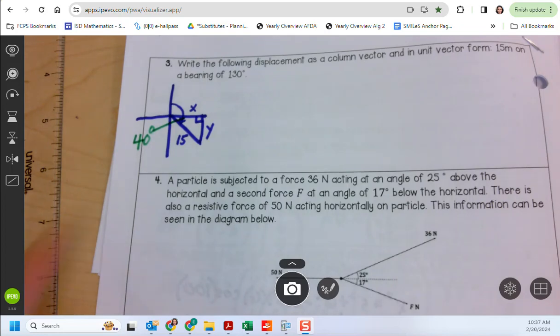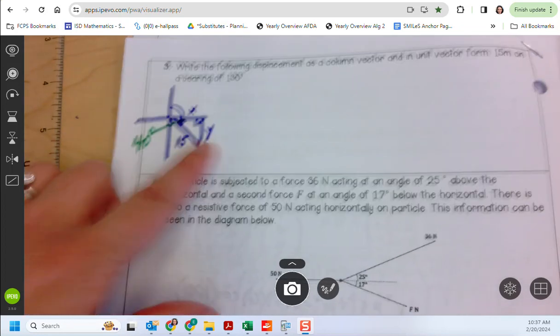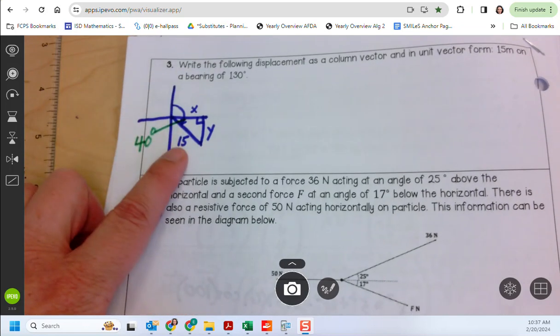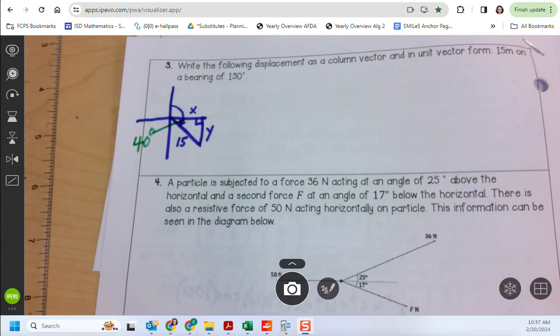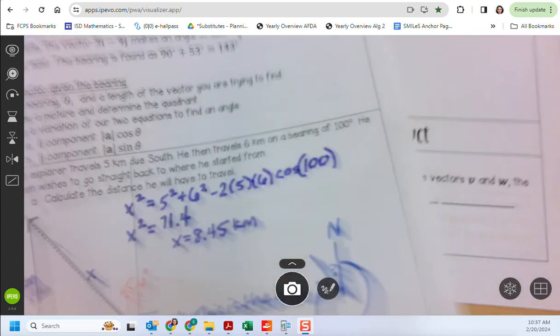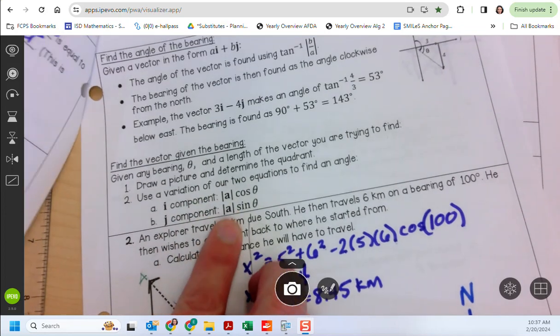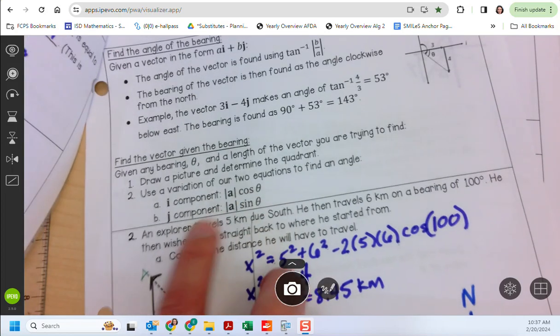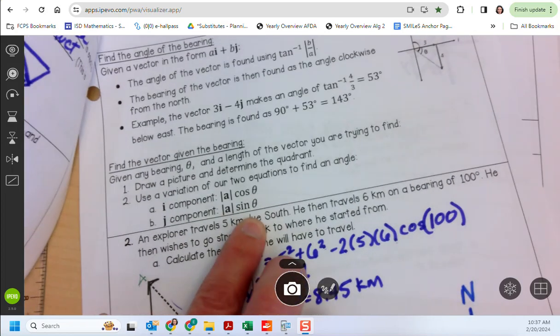So you could set up sine of 40 is y over 15, cosine of 40 is x over 15, and that is all perfectly acceptable. Or you can use these formulas here. So the i component is absolute value of a cosine theta, and j is absolute value of a sine theta.